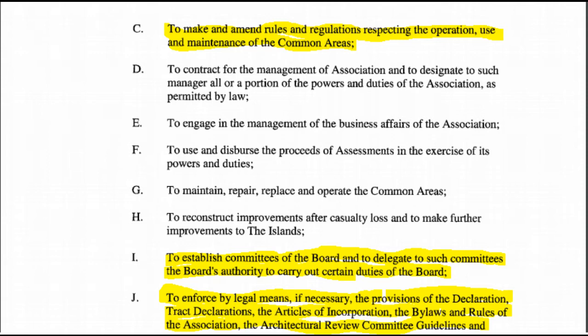These could also be a portion of taking care of common areas, that would have to do with pools, clubhouses, etc. Letter J is to enforce by legal means, if necessary, the provisions of the declaration, tract declarations, articles of incorporation, the bylaws, rules of the association, and architectural review committee guidelines. The architectural review committee can include things like paint codes that have to be specifically used by certain providers to keep a uniformity of the neighborhood.